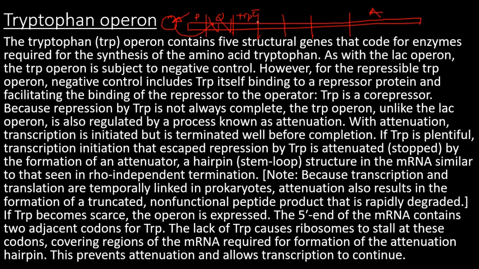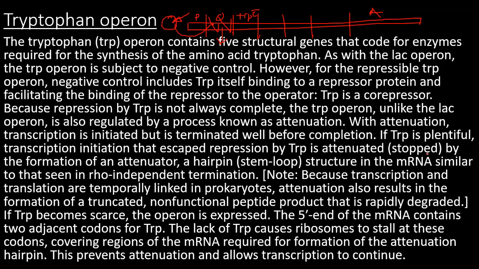So there is no transcription of these structural genes. But if tryptophan is absent, the repressor will not bind to the operator site. Hence, there will be transcription of these genes, which code for the enzymes required for the biosynthesis of the amino acid tryptophan.